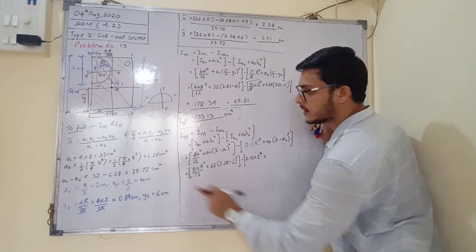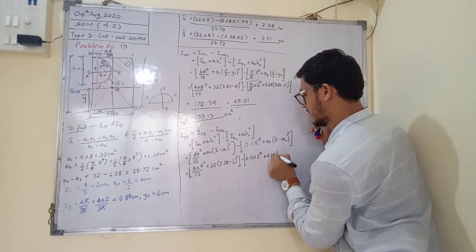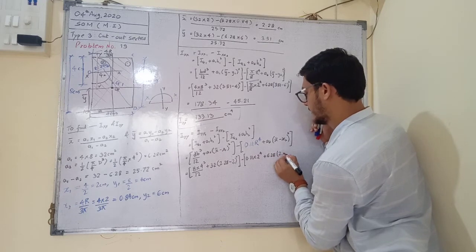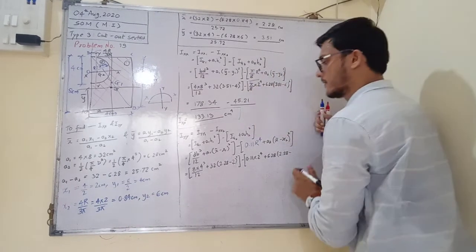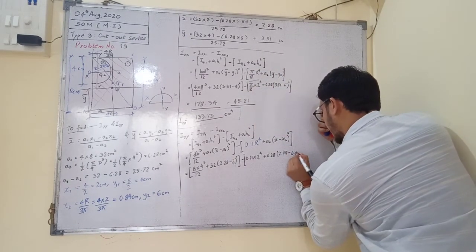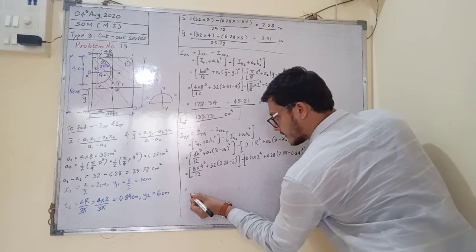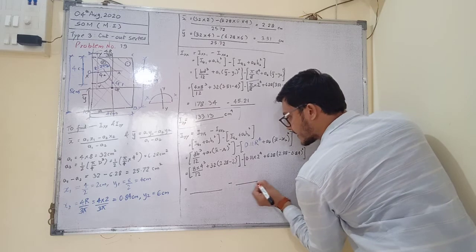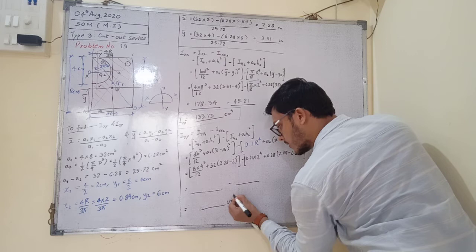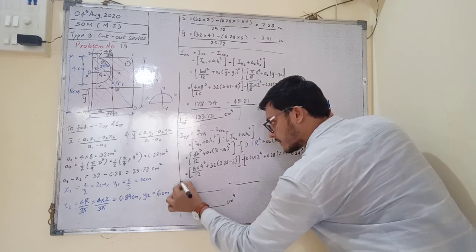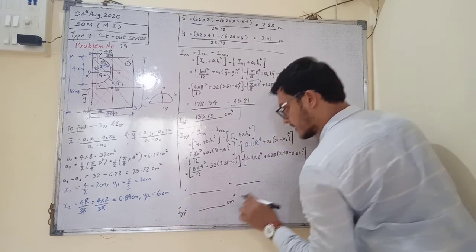A2 we have calculated as 6.28. X bar again 2.28, minus x2, which is 0.84, the whole square. The second square bracket is complete. Again, calculator work: first square bracket minus second square bracket will give you the final answer in centimeter raised to 4, which will be the answer of Iyy, moment of inertia about centroidal y-axis.